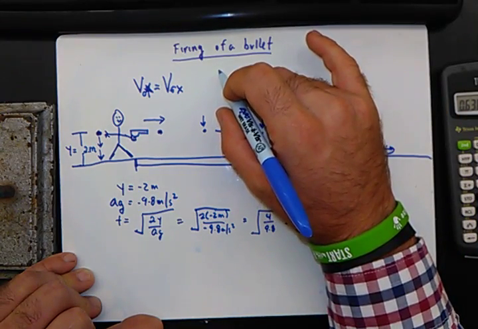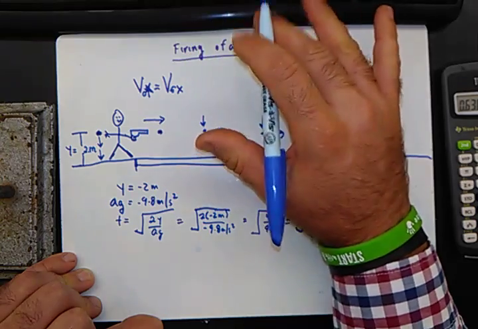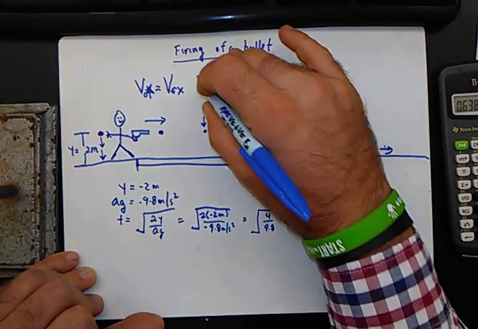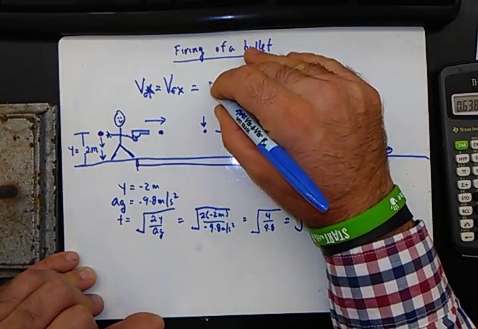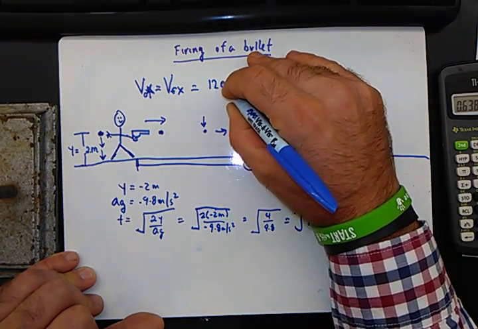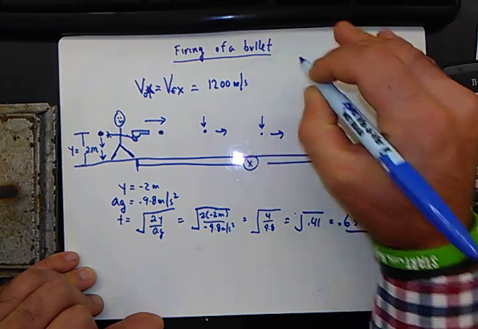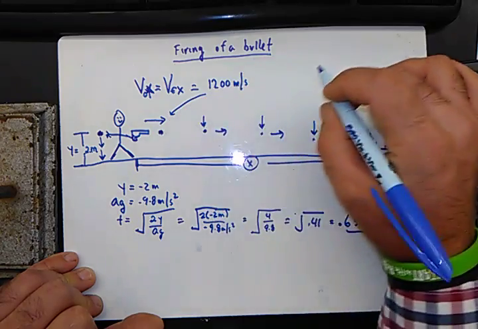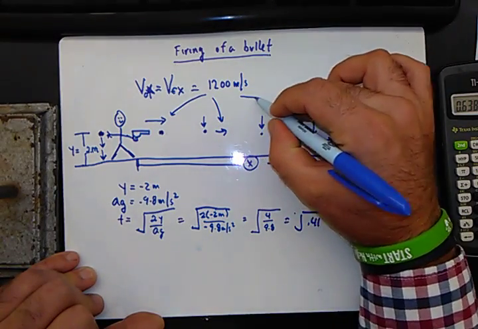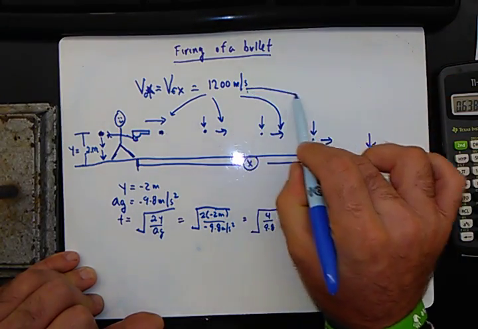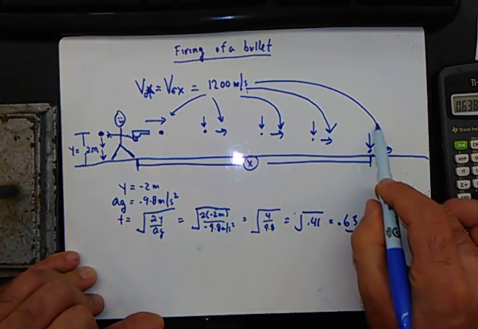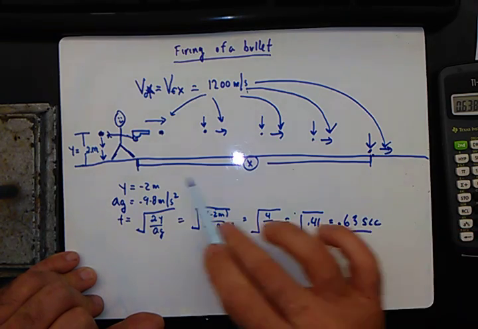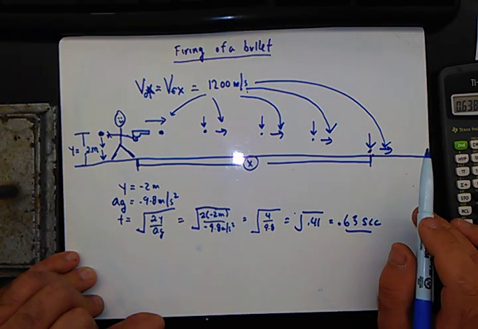Yes, there's air resistance, guys, but we're using no air resistance here. Let's apply a really large number, like 1,200 meters per second. That means it's going 1,200 meters per second here, here, here, and here. It's moving that fast the entire trip in the x direction.